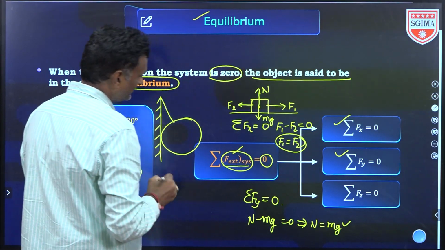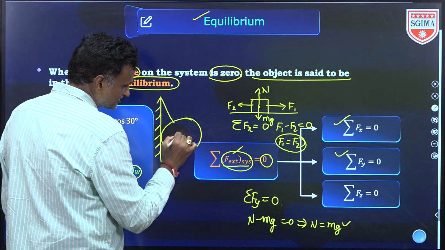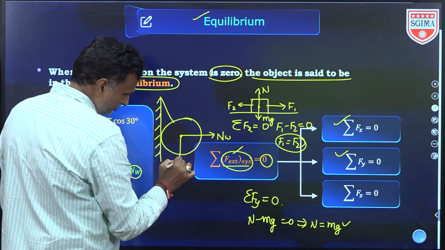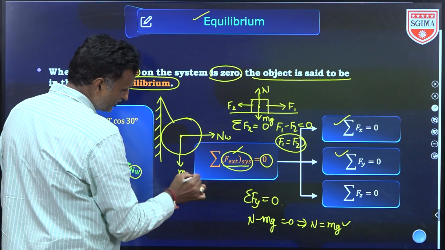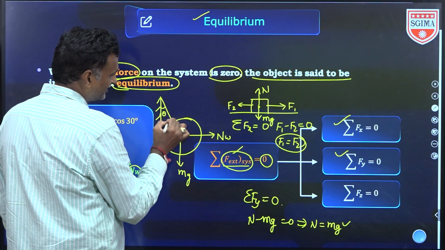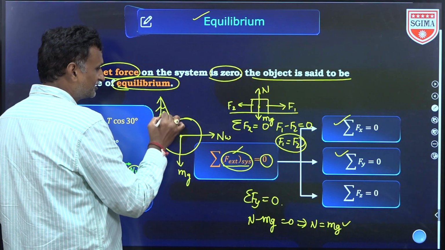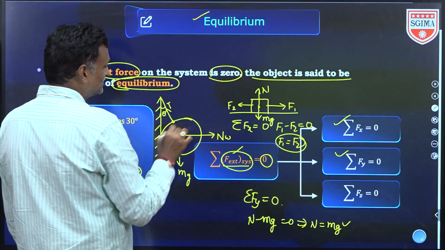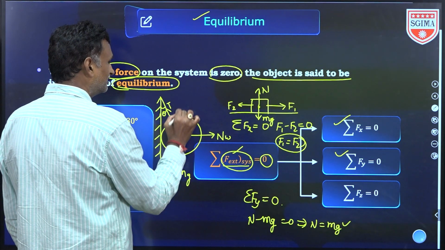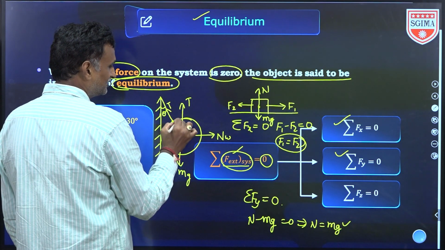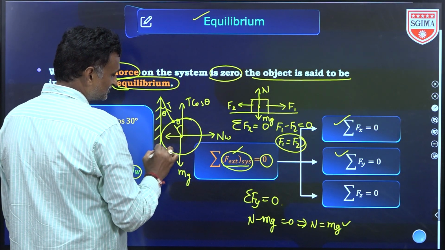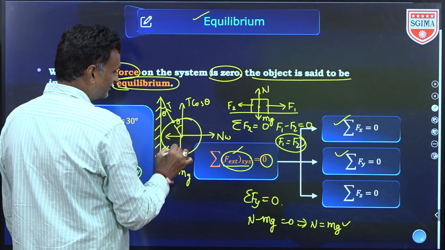Like this, right? So, this is the center of mass, the normal by the wall is in the right side direction, and mg is downward. Here it is any angle theta, and this is the point of contact. Away from the point of contact only the tension force acts. Here it becomes theta, so T cos theta, and to the left side T sin theta.